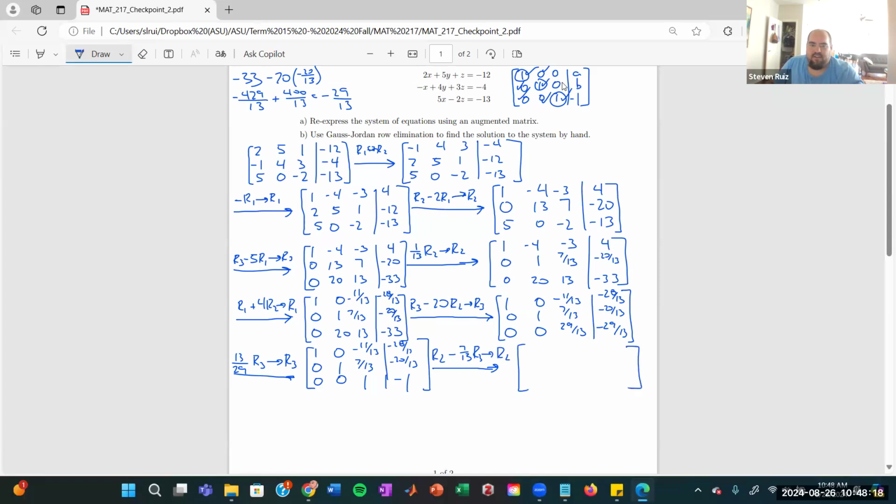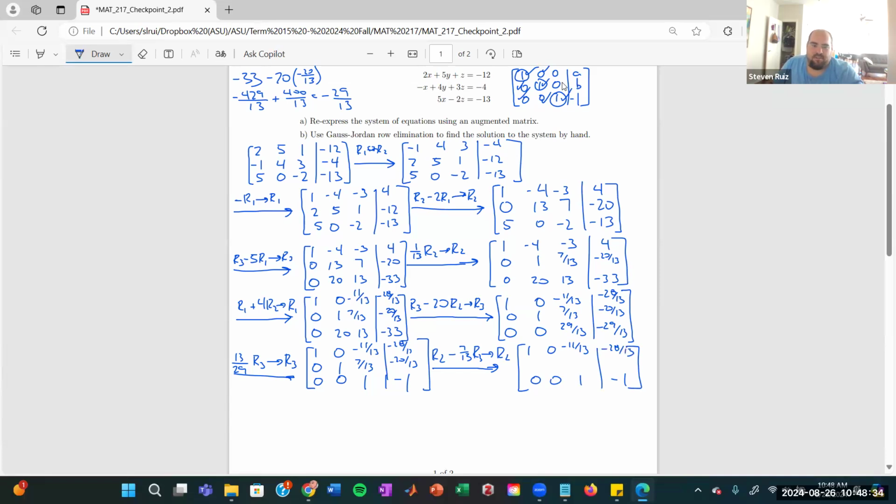So let's carry the bottom row. It's done: 0 0 1 negative 1. This first row we're not doing anything with: 1 0 negative 11 thirteenths negative 28 thirteenths.